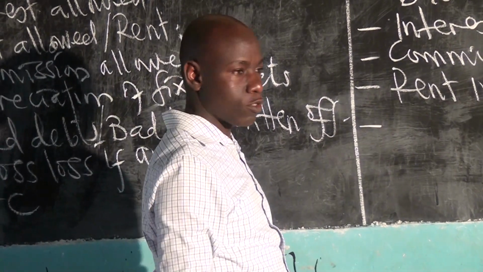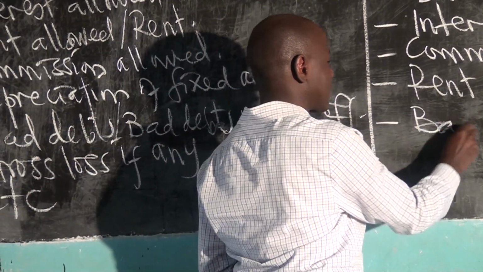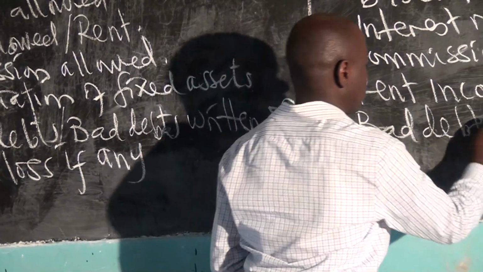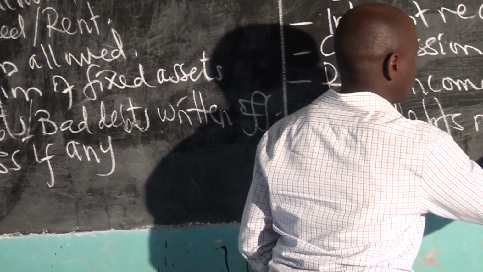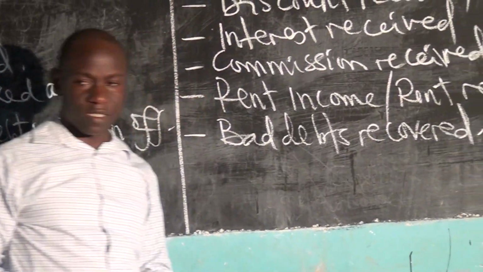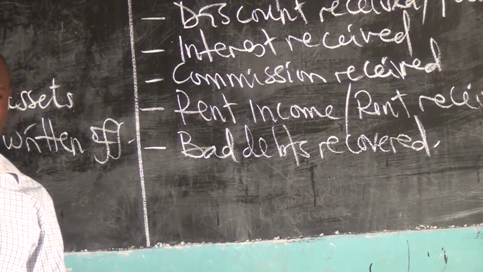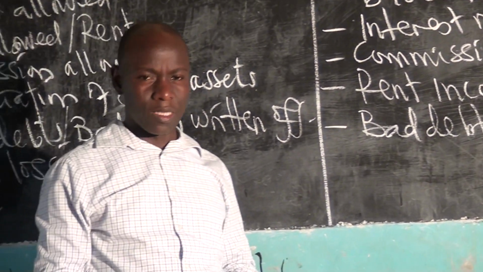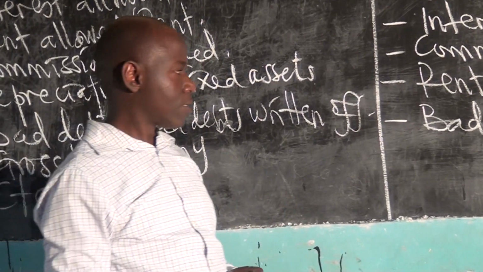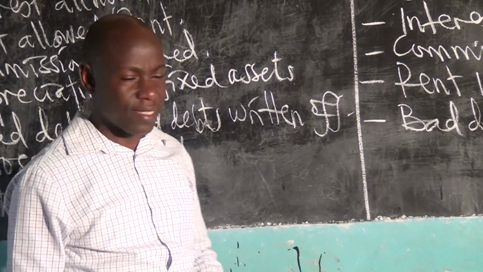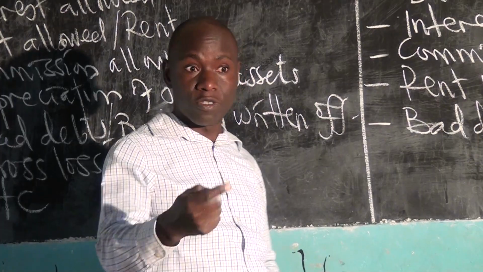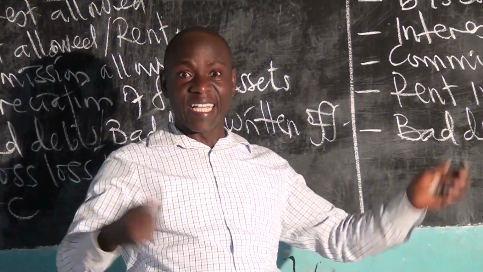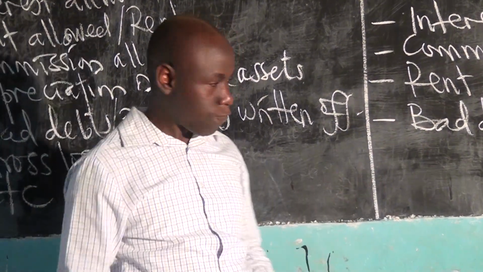We also have what we call bad debts recovered. Yes, you wrote off some debts. The business wrote off some debts, decided to forget the debts completely. All of a sudden, you see that those debts are bringing in the money, though they were written off.